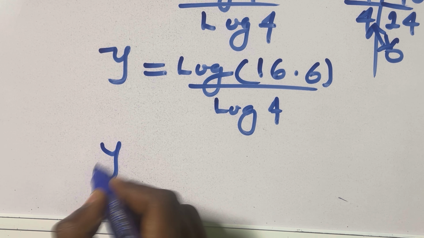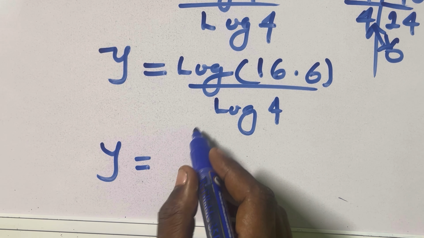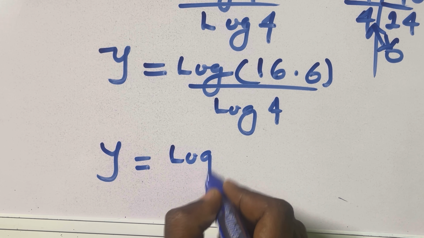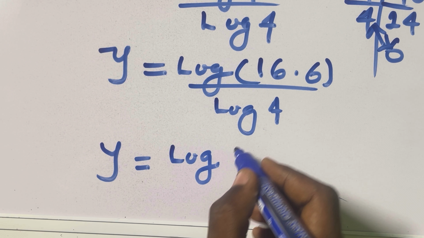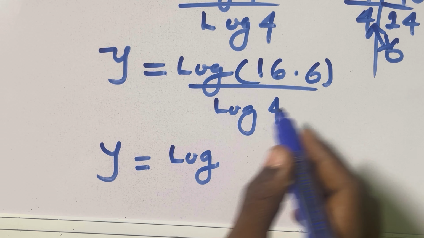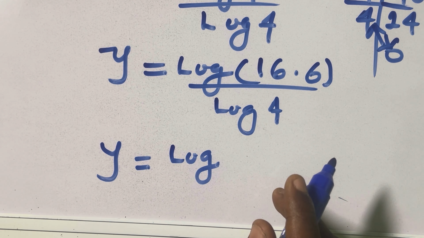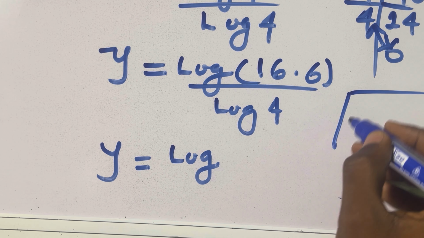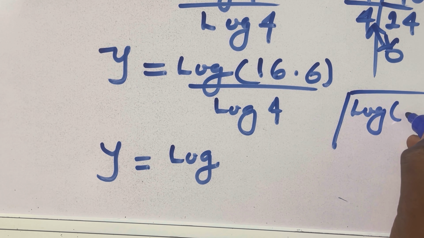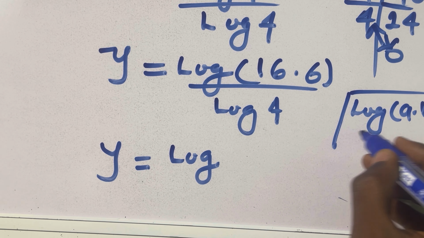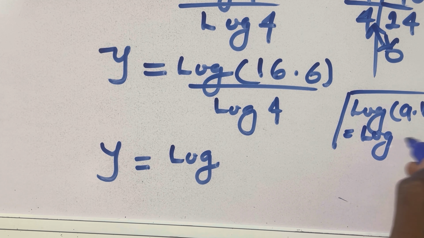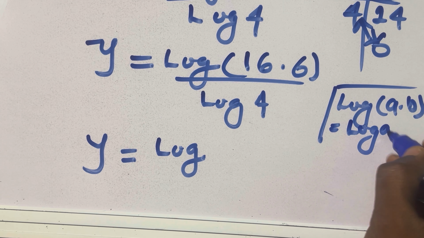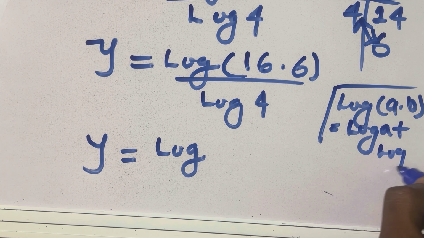So then our y will be log, and from the property of logarithm, recall that if you have log a times b, this equals log a plus log b.